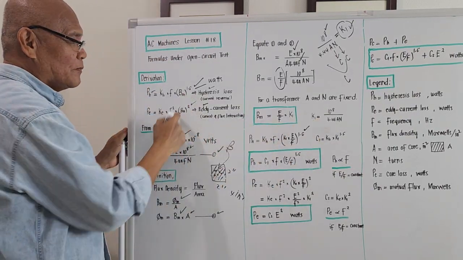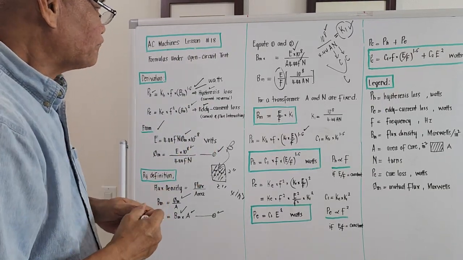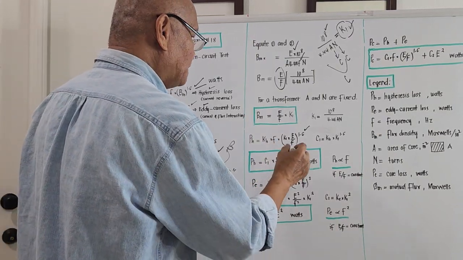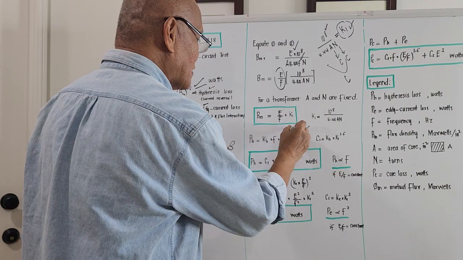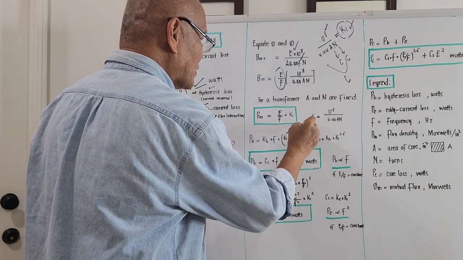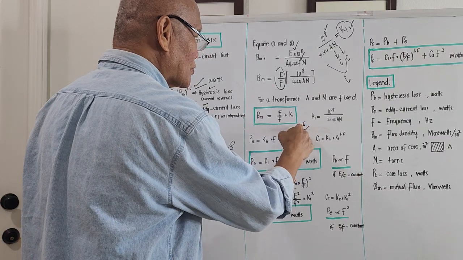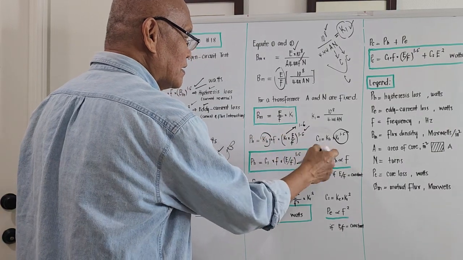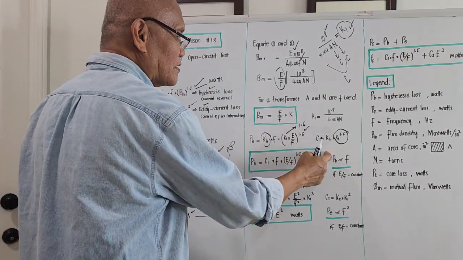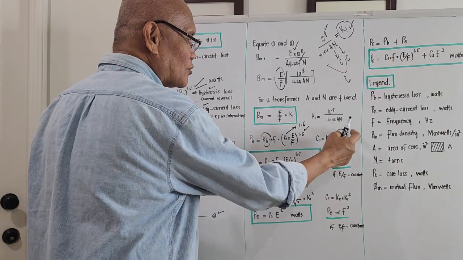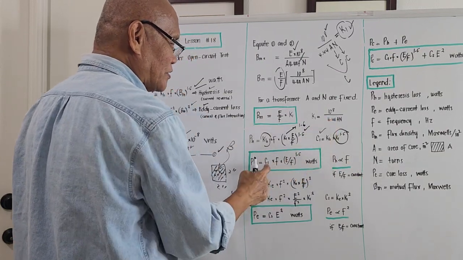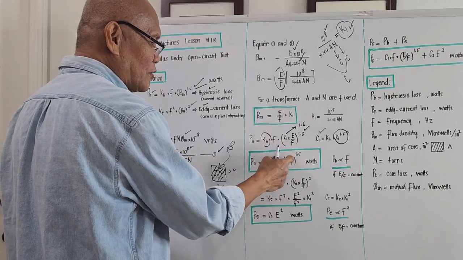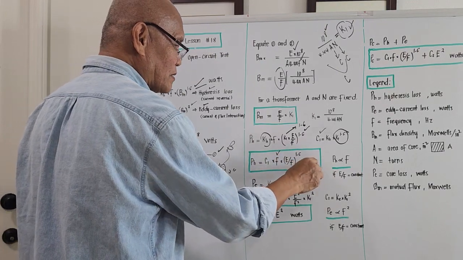If we simplify this, this K1 should be raised to 1.6, and we combine this with KH. The product of K sub H times K1 raised to 1.6, we call that C1. So this is now C1 times frequency, times the ratio E over F raised to 1.6, and this is in watts.